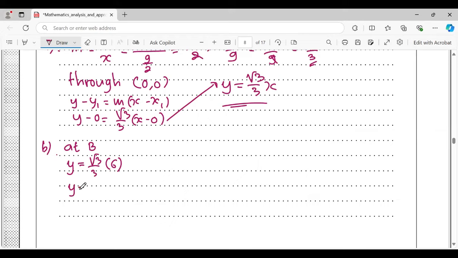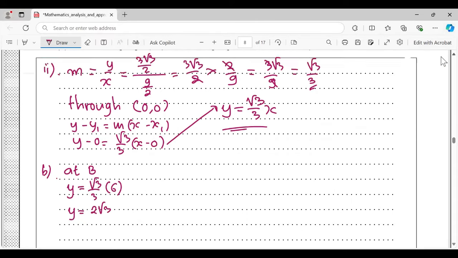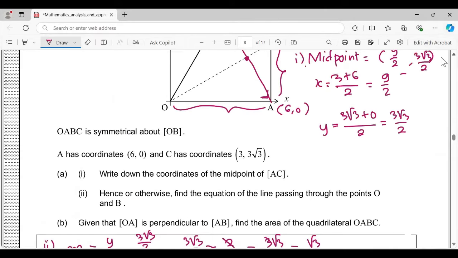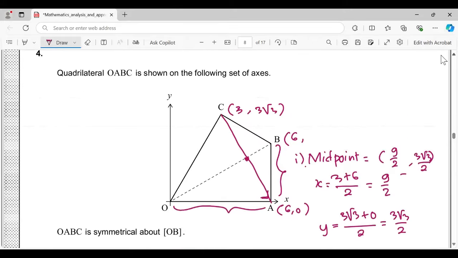So it becomes y equals 6 times √3/3, which is 2√3. So the coordinate point here is (6, 2√3). Next, we can calculate the area of this right angle triangle, and after that, times 2.